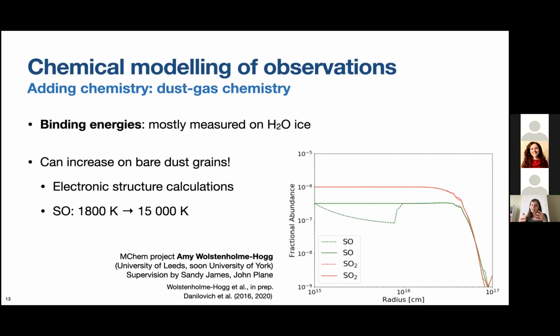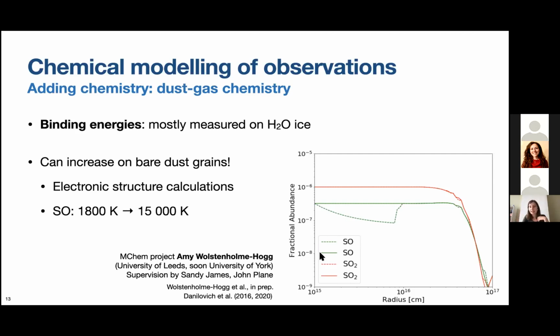And that's the case in AGB outflows. We form them, and well, they start out naked. And Amy Wilson-Holm-Hogg, in her Master's of Chemistry project, performed electronic structure calculations, and she found that the SO binding energy goes from 1800 Kelvin onto ice, all the way to 15,000 Kelvin on bare silicate dust.